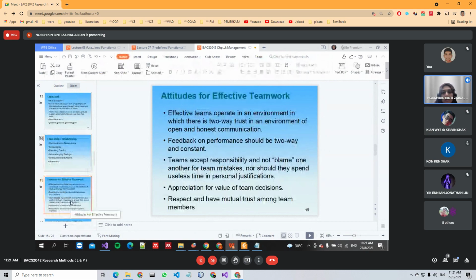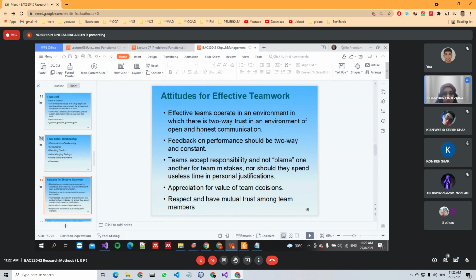Attitude for effective teamwork. Effective teams operate in an environment in which there is two-way trust and open and honest communication. Usually in a team we have a leader, for example, a head leader of your project. So do not put the responsibility of your assignment on your leader.